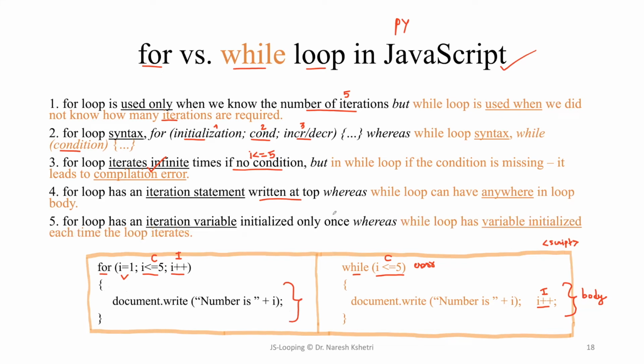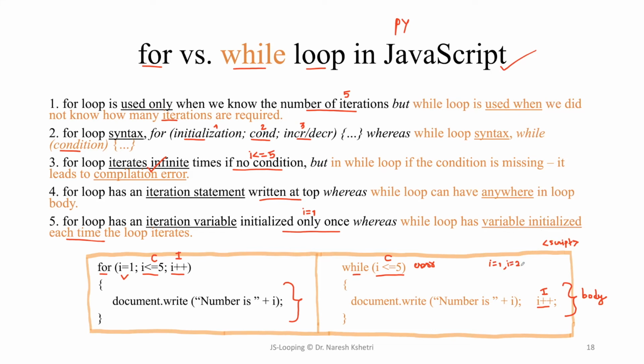And the last one, the for loop has an iteration variable initialized only once. So the variable is initialized only once, something like i equal to 1 over here, whereas the while loop has a variable initialized each time the loop iterates. That means the loop iterates the first time with i equal to 1, and then again the second time with i equal to 2.